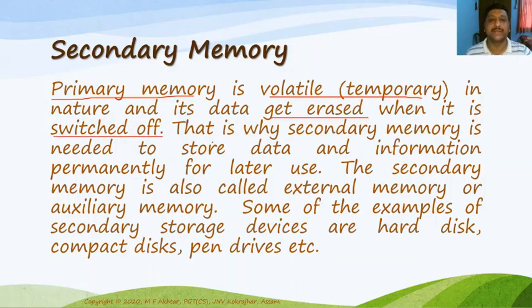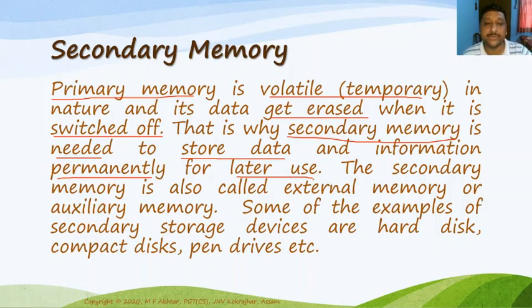Then that is why we need some other type of memory which stores information permanently. That is why secondary memory is needed, to store data permanently, for later use, so that whenever we need, we can recall the data and use it.